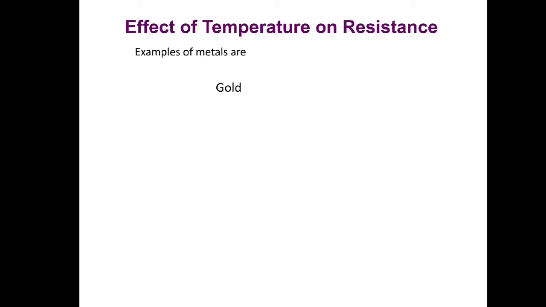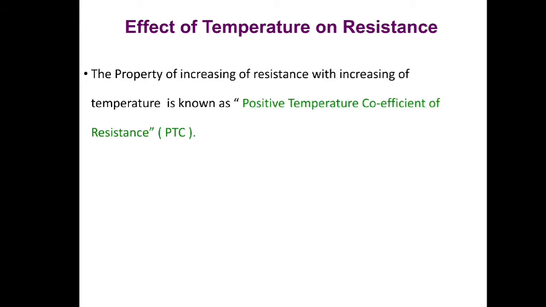Examples are gold, silver, aluminum and copper. The property of increasing resistance with increasing temperature is known as positive temperature coefficient of resistance.